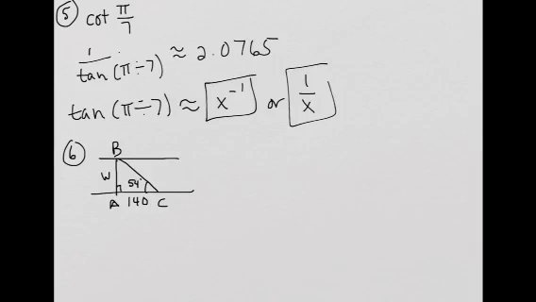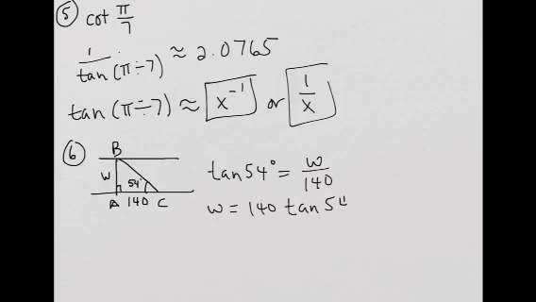So with that, given this angle right here, 54 degrees and 140 feet from A to C, we can use tangent, which is opposite over adjacent. And so W is 140 tangent 54. Now make sure you switch your calculator back to degree, because in the previous problem we were using radians. So switch it back to degree and then input this value.